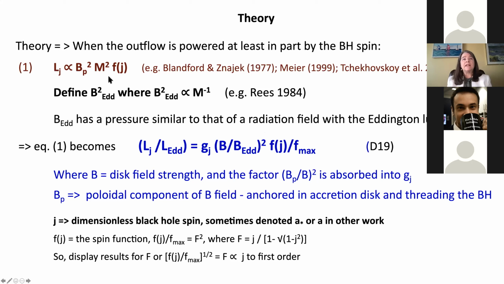So we can take this theoretical equation and take 1 power of the mass over to the left-hand side to get Lj over L ed, and 1 power we write as B ed squared, and factor out B poloidal over B squared for the disk magnetic field strength, absorb that into G sub j, and write this as G sub j, a normalization factor, times the magnetic field strength of the disk in Eddington units squared times f of j over f max, okay?